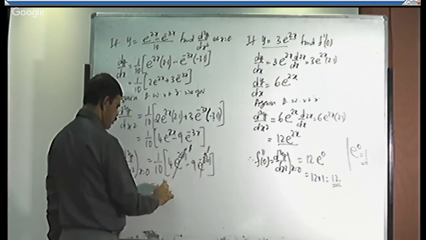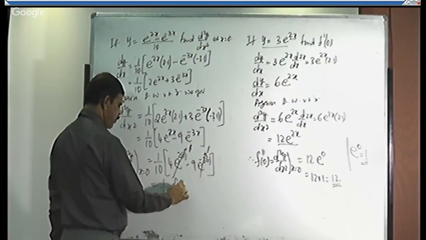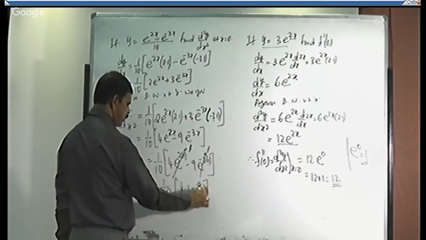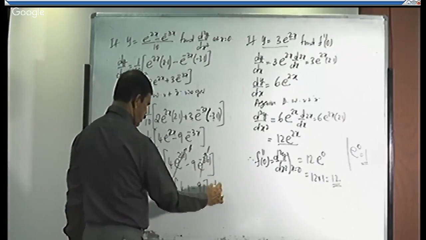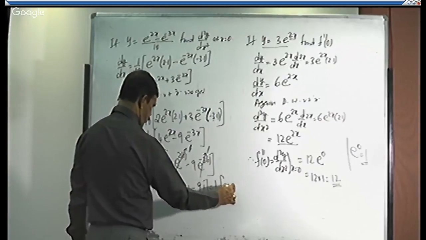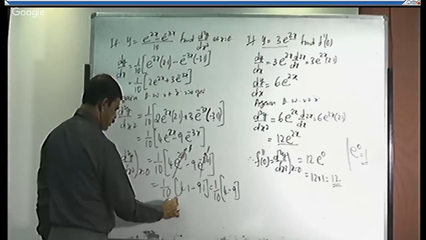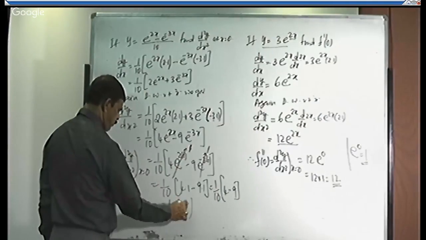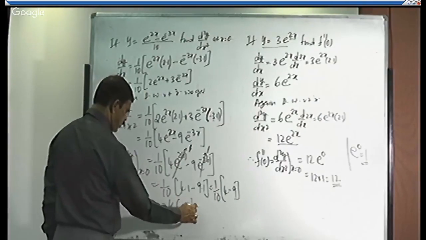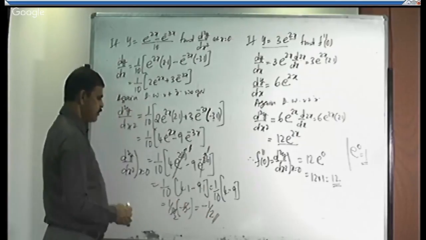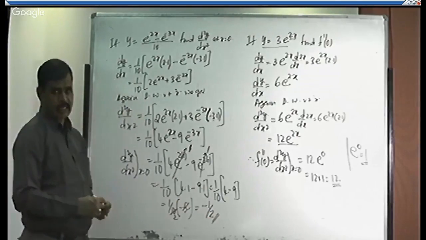That becomes 1 by 10 into 4 into 1 is 4, minus 9 into 1 is 9. 1 by 10 into 4 minus 9, which is 1 by 10 into minus 5, so 5 ones are 5, 5 twos are 10, equal to minus 1 divided by 2. Minus 1 by 2 is the answer.